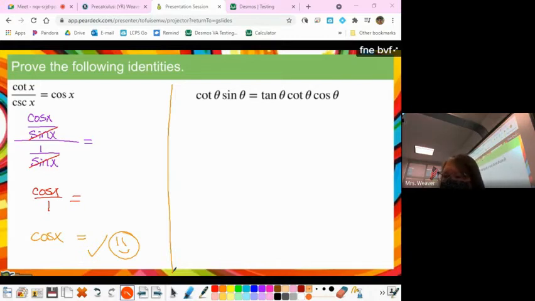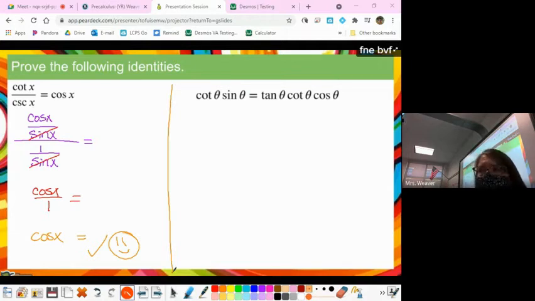I just want to throw out the 2 ways that you may be required to work this. When you get stuck on one side and you can't get to the other side, some professors will say it's okay to go ahead and work both sides as long as you're circumspect about the fact that you're not working across the equal sign, meaning you never multiply the whole equation by something. If we can get the 2 sides equal to each other, that's okay.